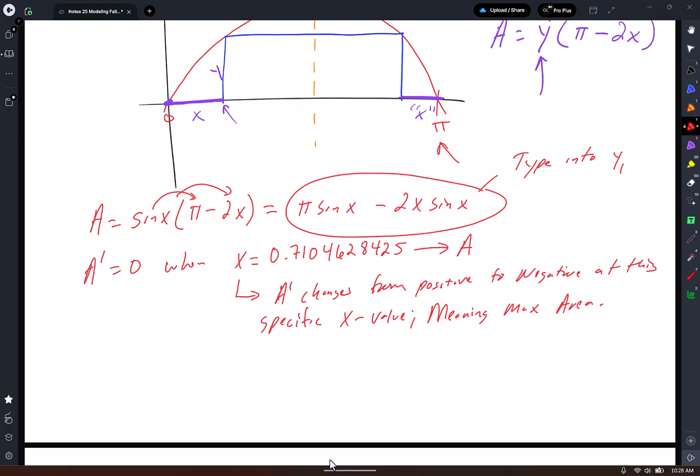Max A. Max area. That way we don't get confused with the A and the area. We're still okay? All right.